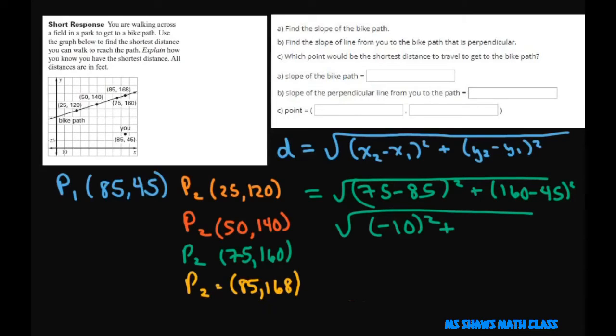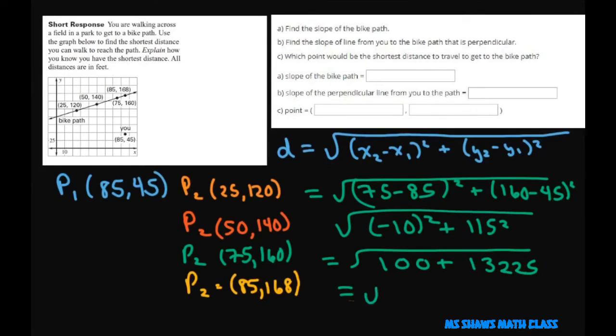Yeah, 115 squared, which equals 100 plus 115 squared is 13,225. And that's even bigger than this one, so this one doesn't work. And it's still bigger than our first one.